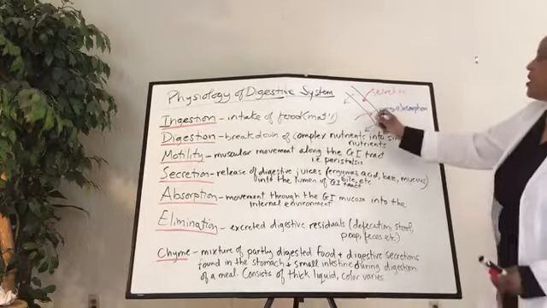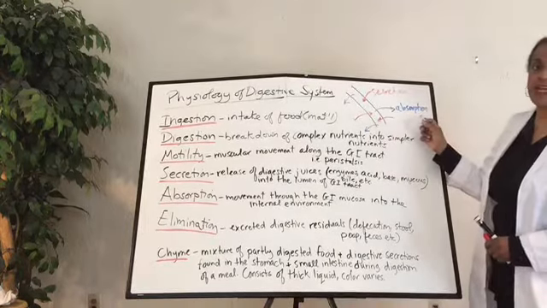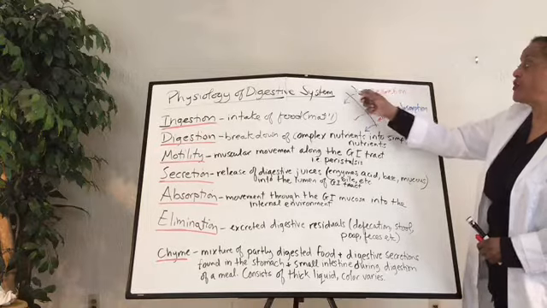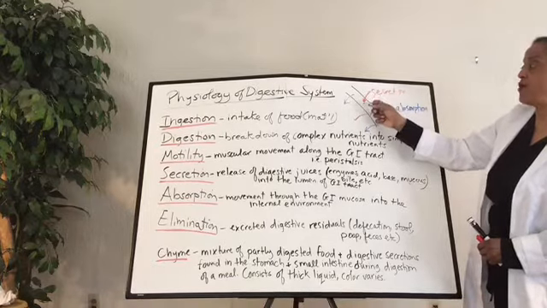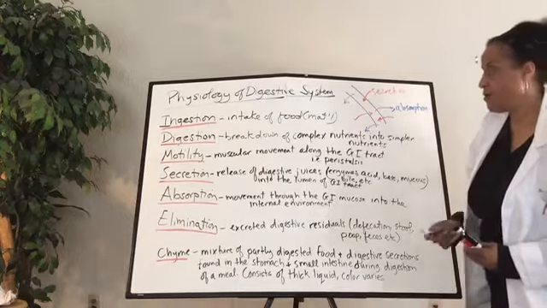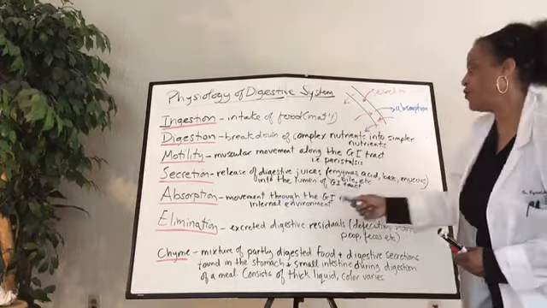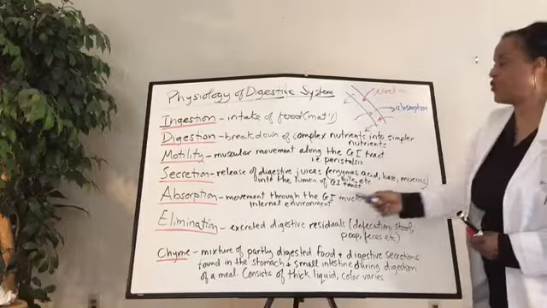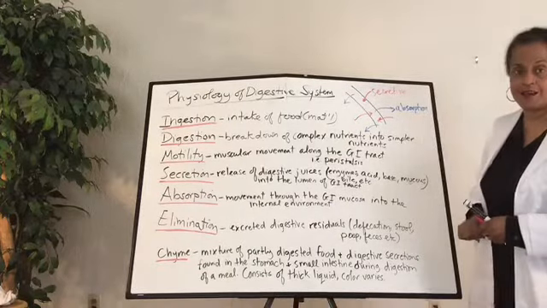So absorption is going to come out of the lumen and go into our bodies to feed our other cells. Secretion is going to go into the lumen and eventually into the toilet. So absorption: movement through the GI mucosa into the internal environment, which would be us, our cells.